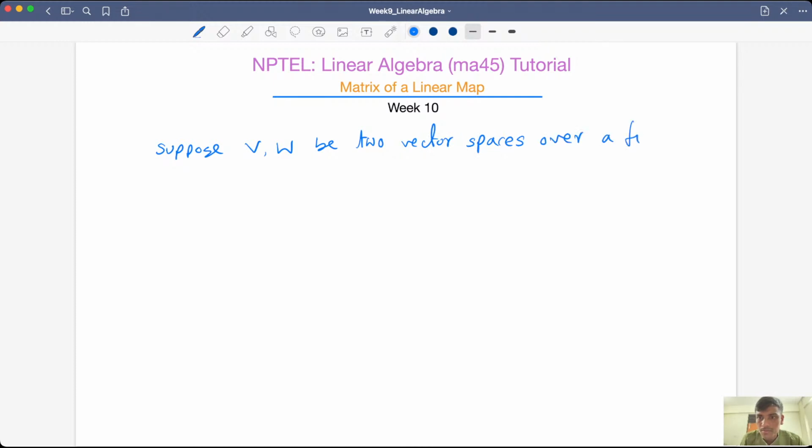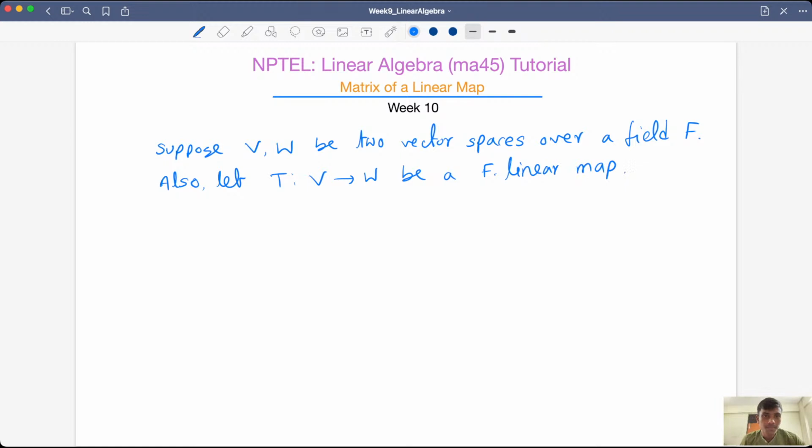over a field F, and say T be a linear map from V to W, an F-linear map.